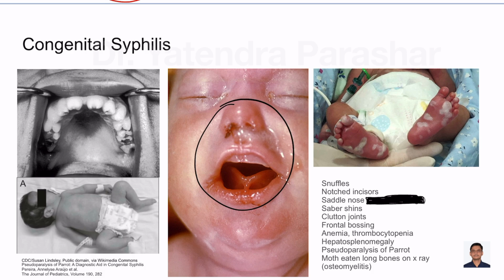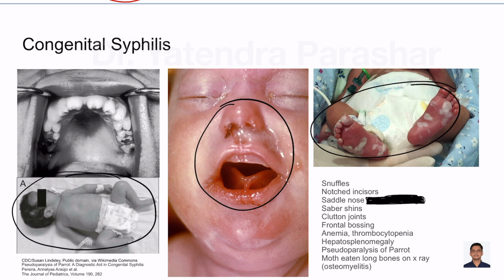Other features include maculopapular or bullous rashes on palms and soles, and this is the bullous rash or pemphigus due to the syphilis. Other clinical features include the osteochondritis, periostitis, and metaphysitis, which causes the painful limbs, due to which the newborn is not able to move his or her hands, and this looks like a paralysis, but it is not a paralysis.